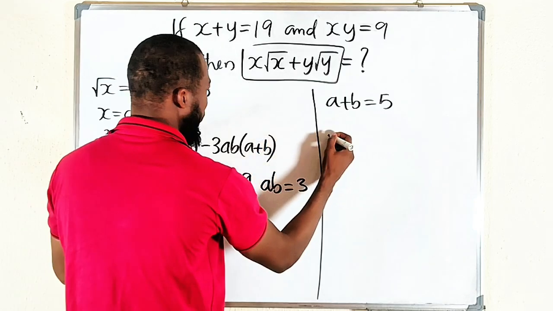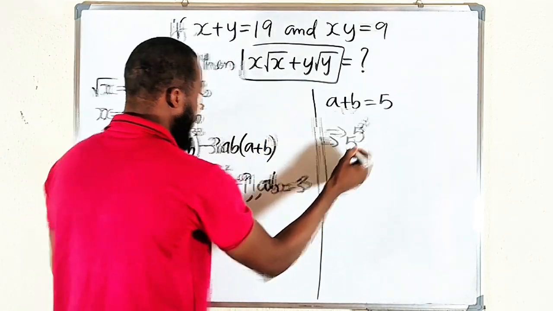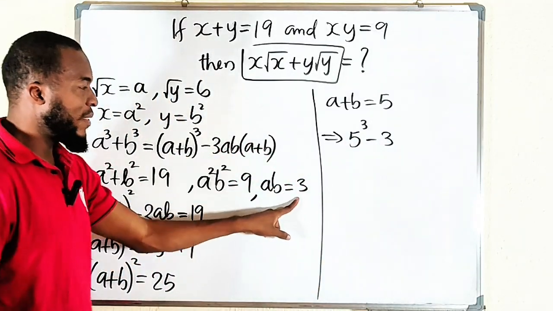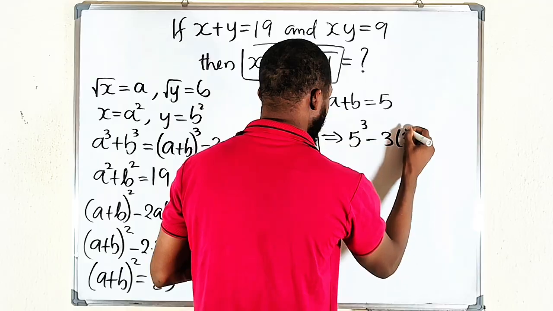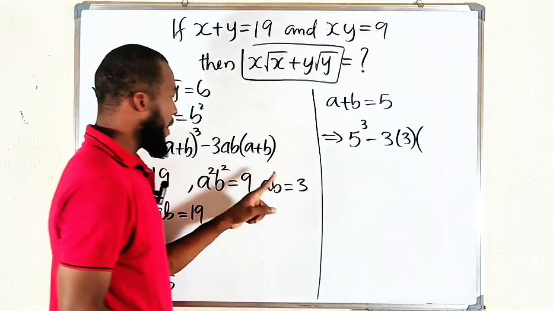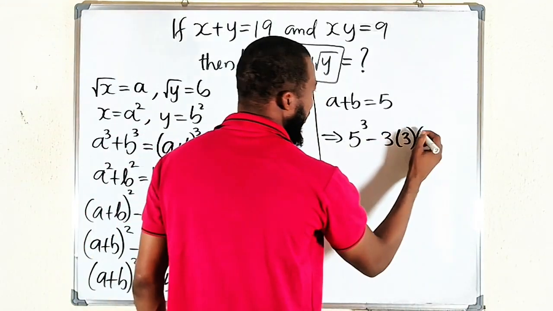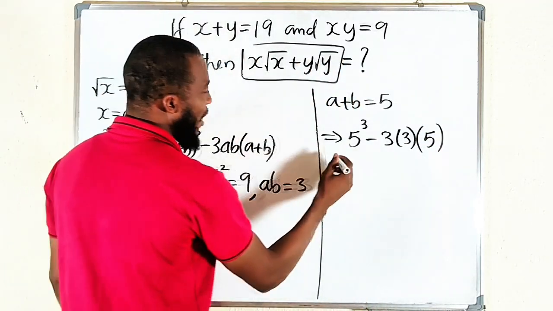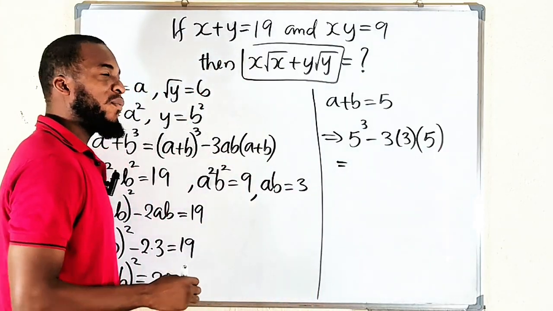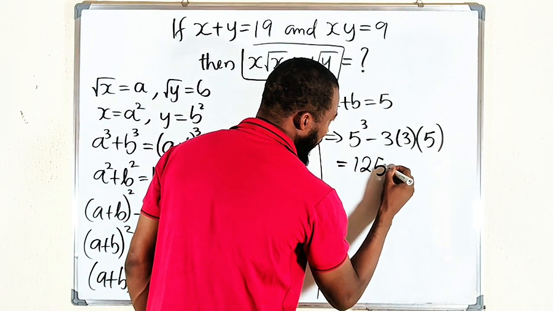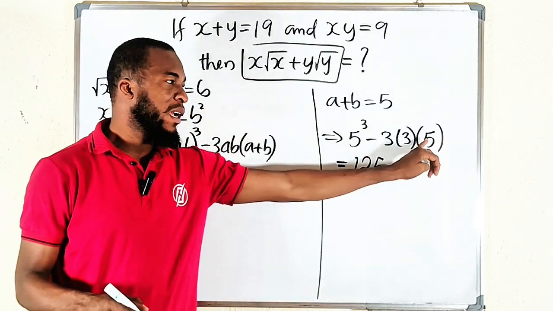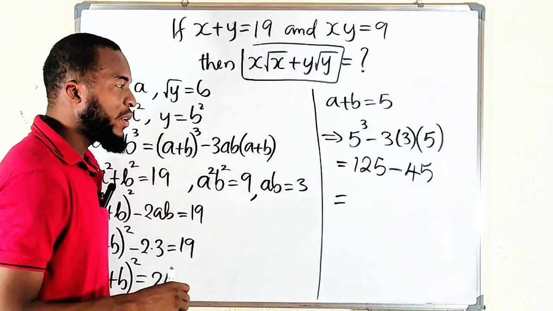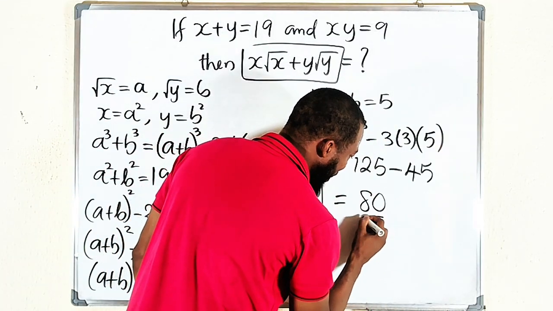So a plus b is 5, raised to the power of 3, minus 3 times ab, where ab is 3, then multiplied by a plus b, which is 5. 5 times 5 times 5 is 125. Take away 3 times 3, which is 9, and 9 times 5 is 45. 125 minus 45 is equal to 80 exactly.